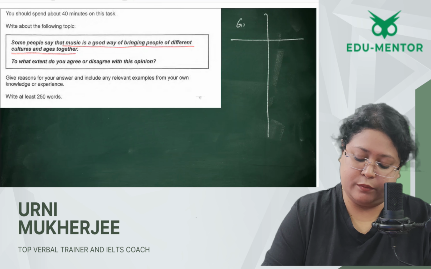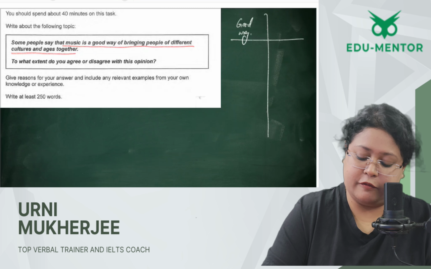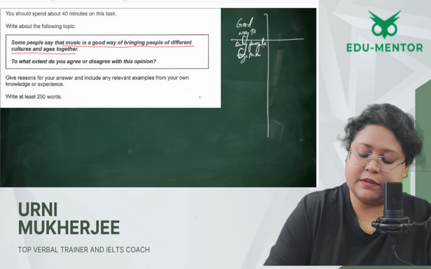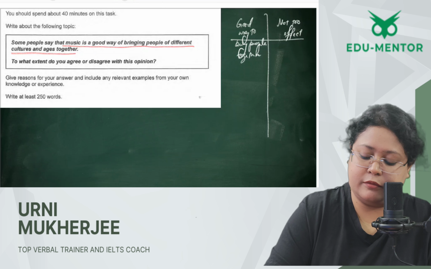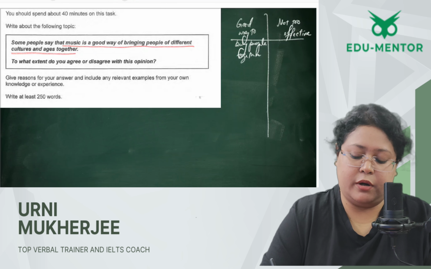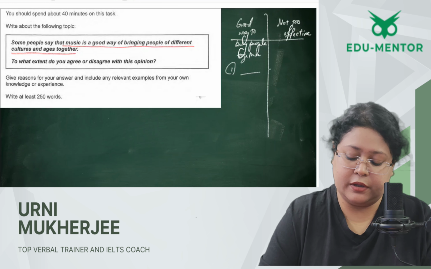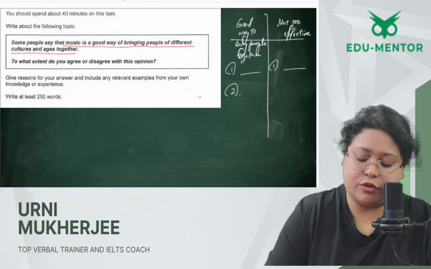So it would be a good way of bringing people of different ages and different cultures together, and let's say it might not be too effective. Okay, so that you believe in it or else you don't believe in it too much. Okay, so whatever way you want to roll it, you again have to count your reasons.